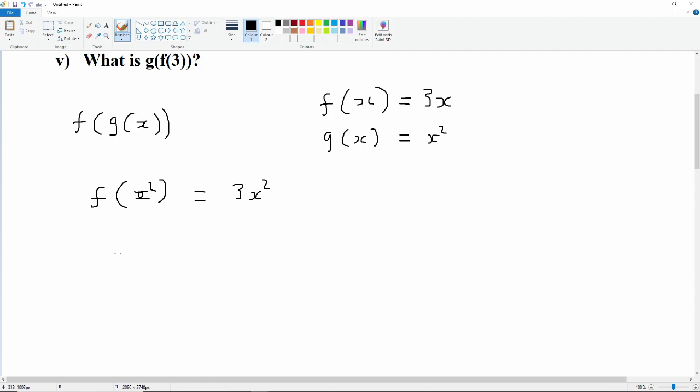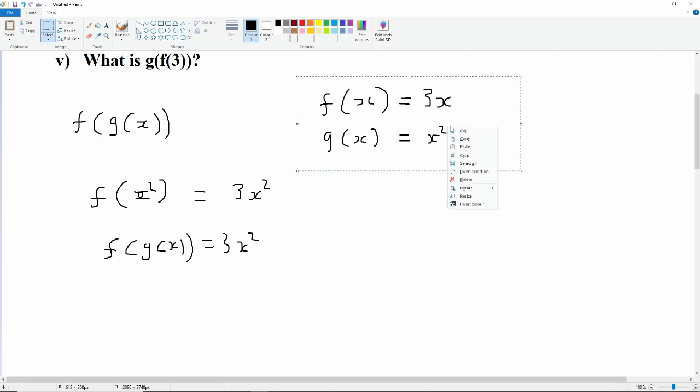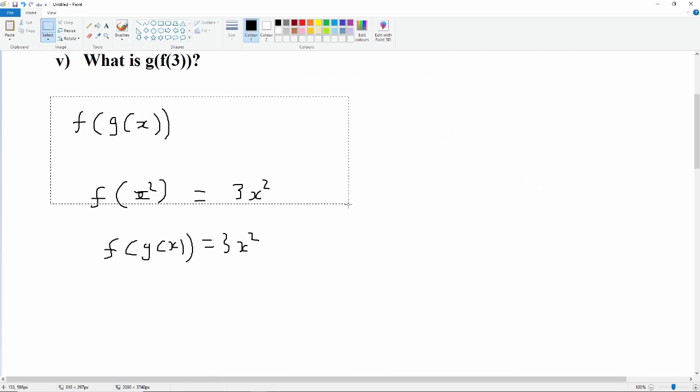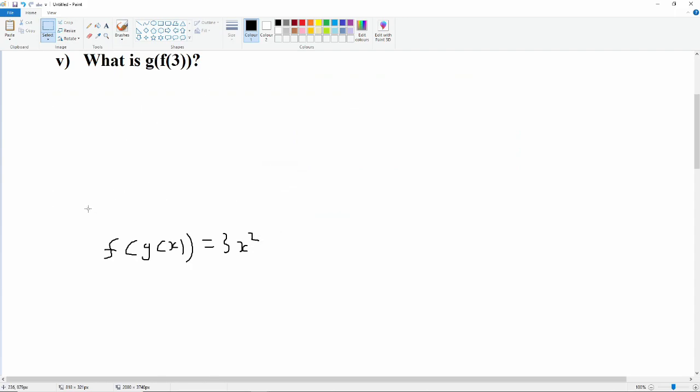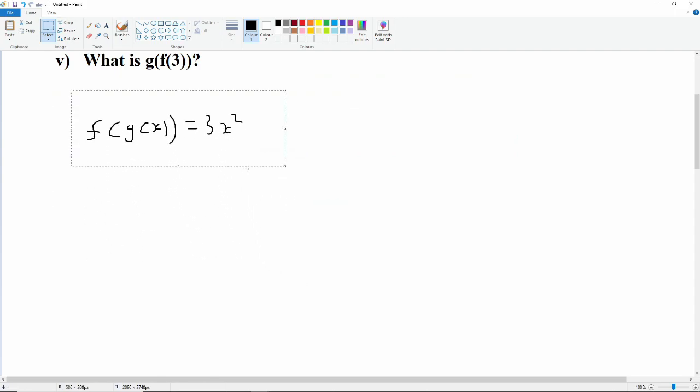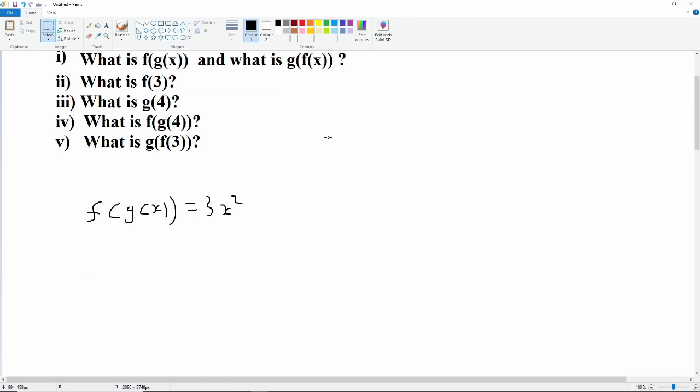Okay, so f of g of x is equal to 3x squared. There, we got it. We got through it. With some terrible handwriting, which I am now going to erase all the evidence of. Can't prove it. There you go. I didn't do it. No one saw me do it. You can't prove it.